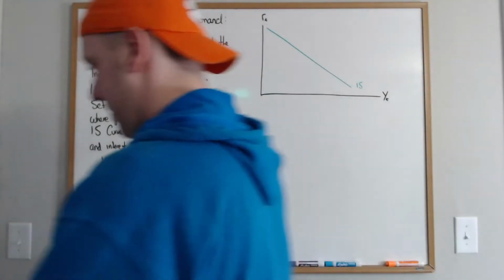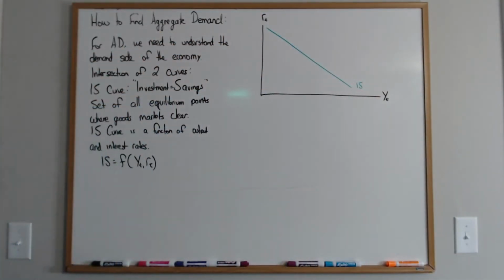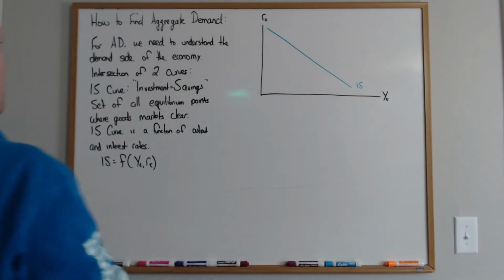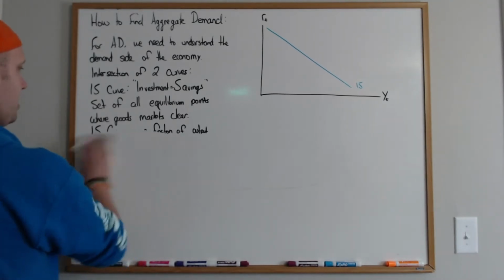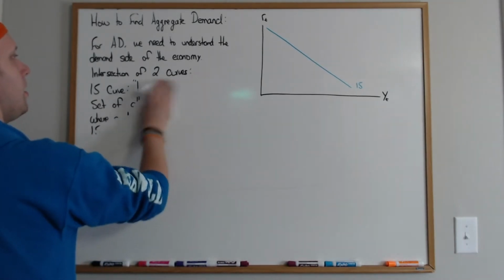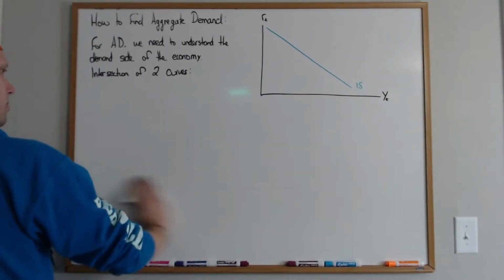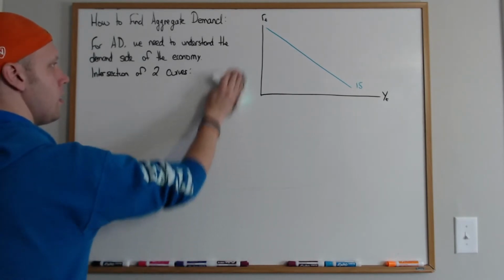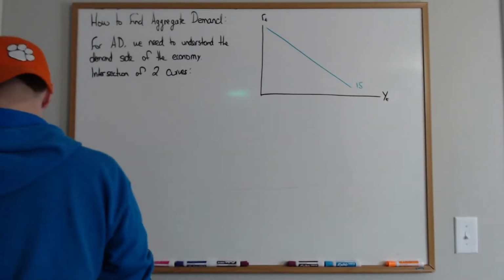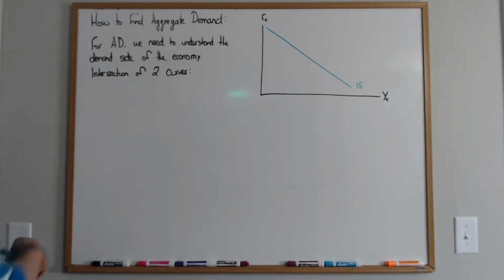Now, that's just one part of aggregate demand. There's another part that we need to consider. So we got the IS curve, which is downward sloping. So as interest rates increase, output falls.